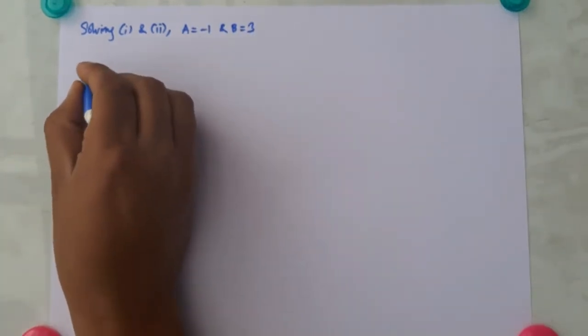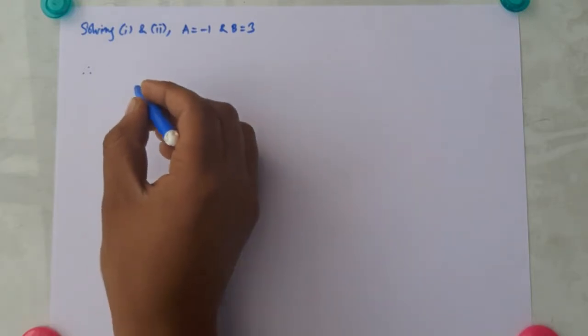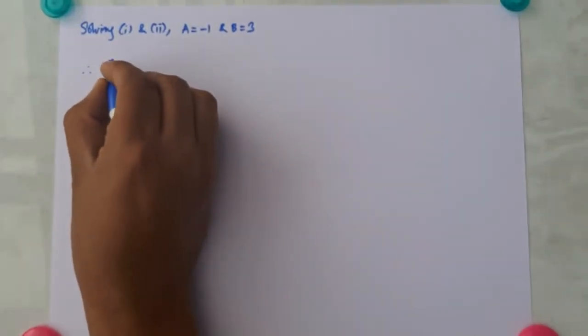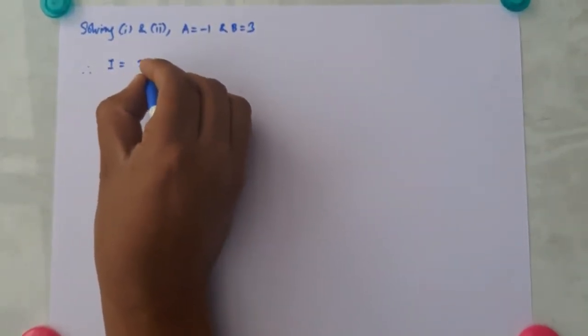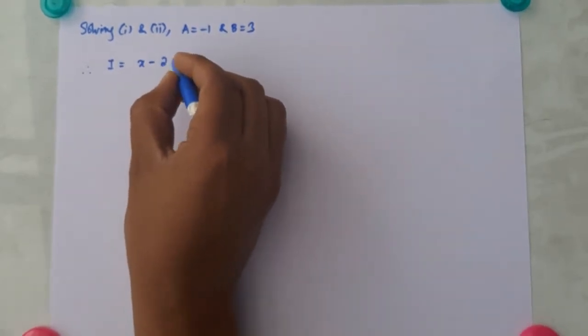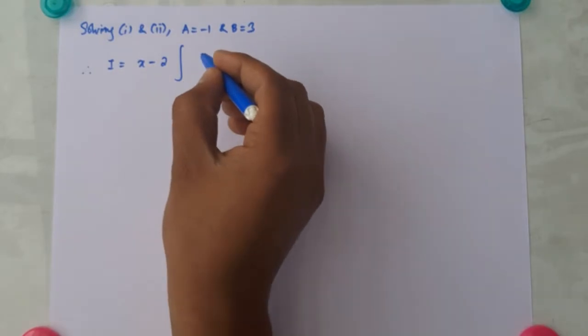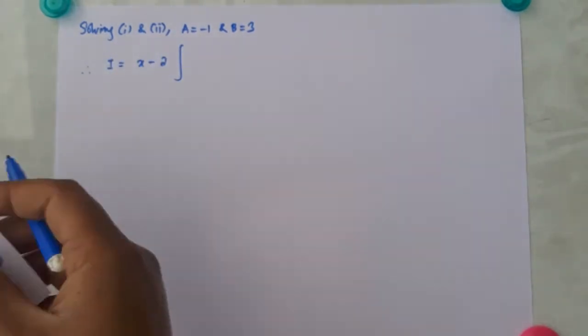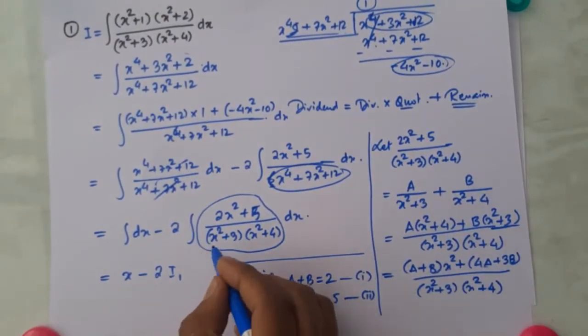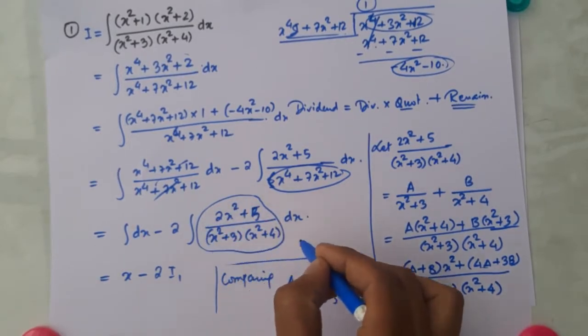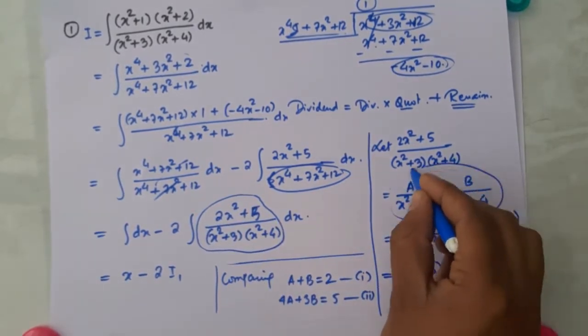So therefore, now see, we have integral I is equals to x minus 2 I1, isn't it? So I1 is integral. So all of you know that we have this part. I1 is this one, isn't it? And this part is actually this much, isn't it?